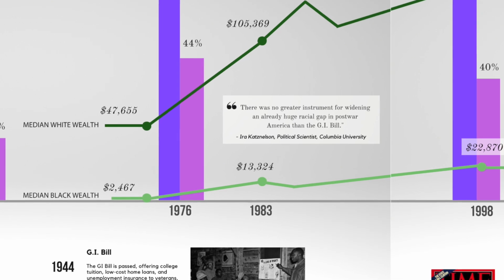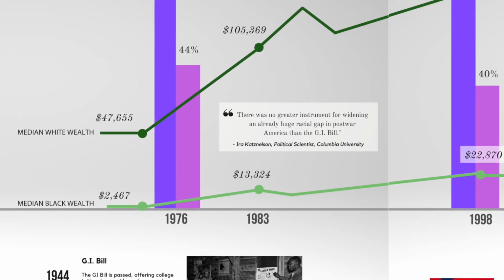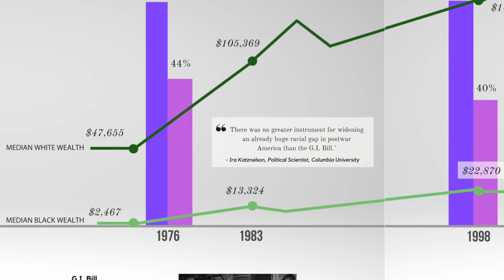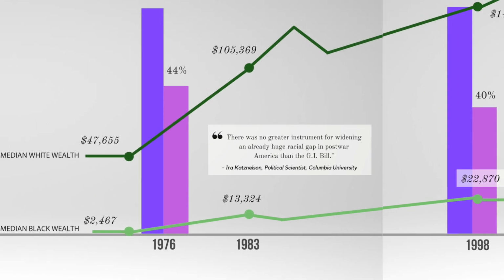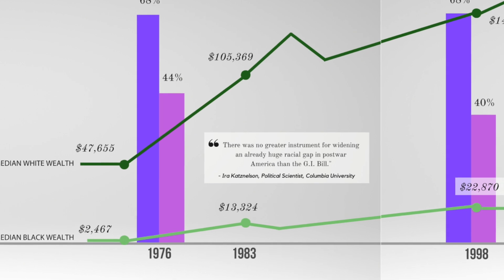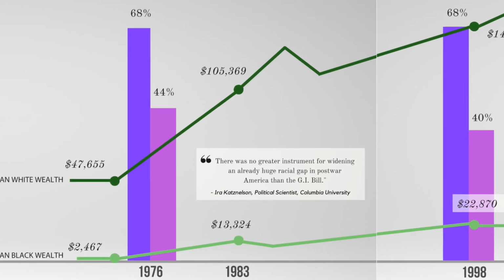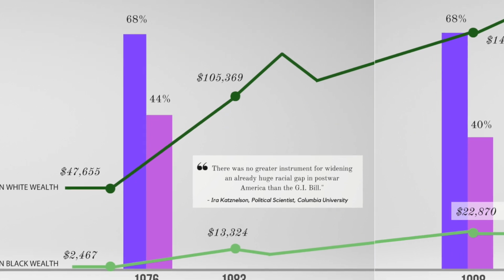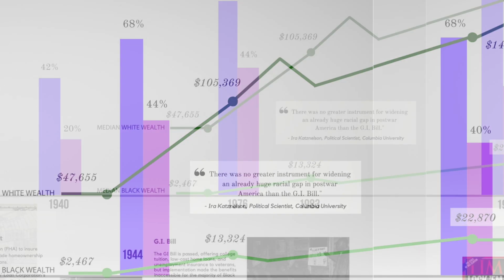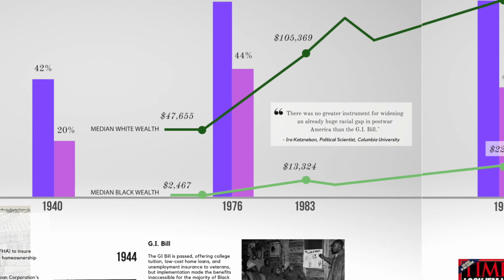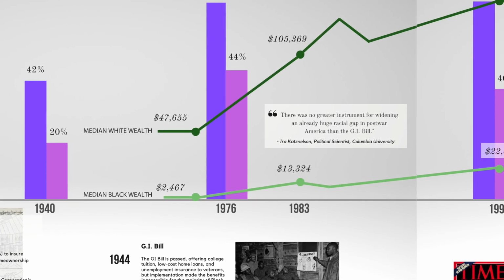No greater instrument of widening an already huge gap in post-war America than the GI Bill. By 1983, the median Black wealth was $13,000, and $105,000 was the median wealth for white Americans.